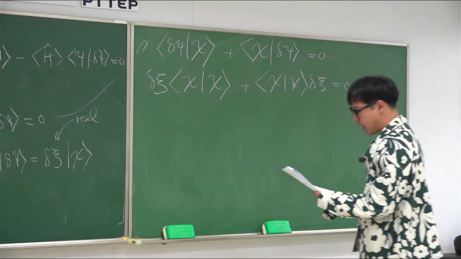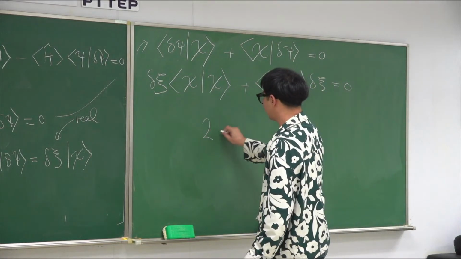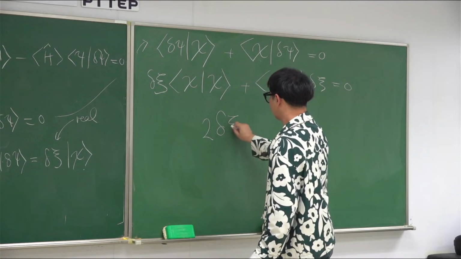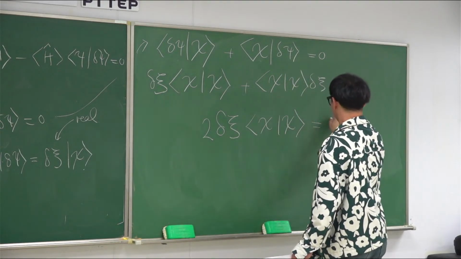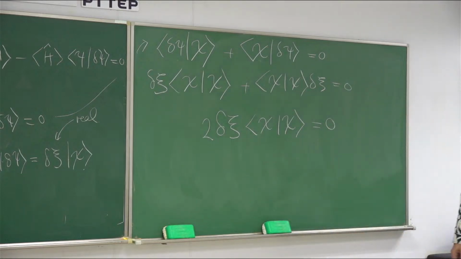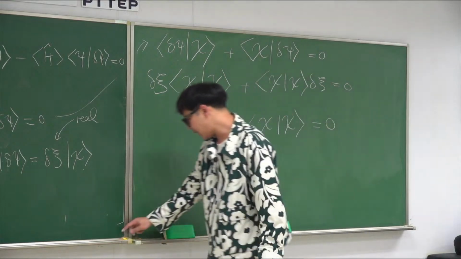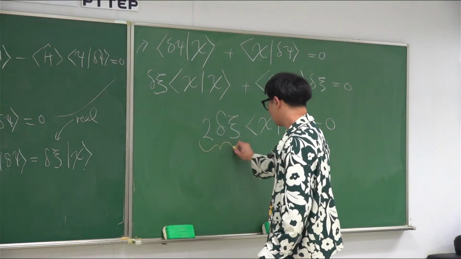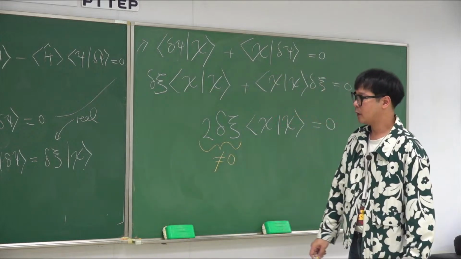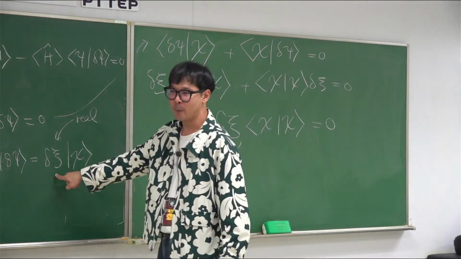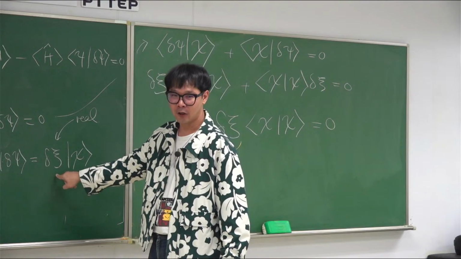So what you have now is that you have two. Okay, this condition. And you find out that this bit cannot be 0. Because if it's 0, then you cannot apply this condition, right?